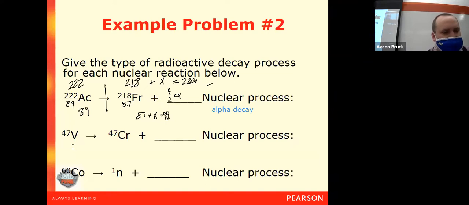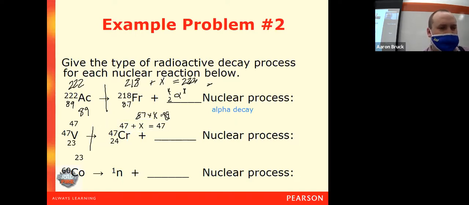Okay, similar process for the other ones here. For vanadium, vanadium is element number 23. Chromium is element number 24. So if I set up my marks here, I need 47 on top and 23 on the bottom. Chromium gives me 47, so 47 plus x is equal to 47.